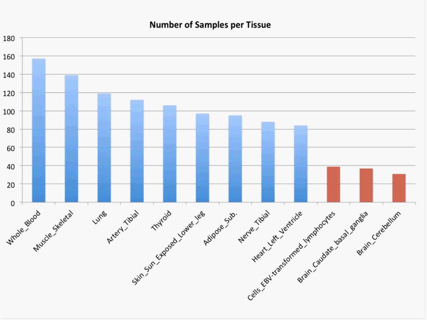This is for the latest version of the data that are publicly available. And you see, for example, we have the most samples available in whole blood, but many of the tissues have quite similar numbers of individuals available.